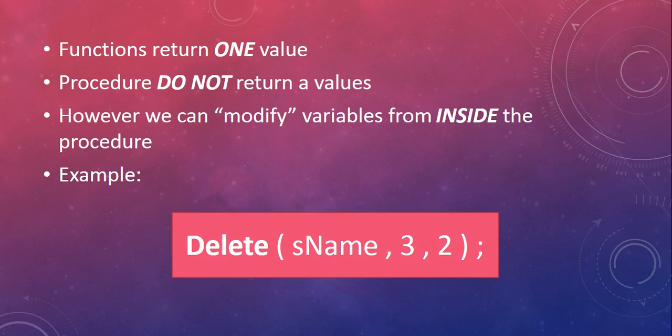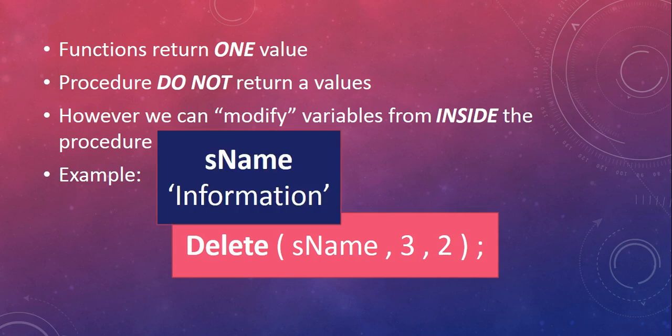Do you remember the Delete procedure from string handling? We give it a string, a starting position, and how many characters we want to delete, and it will change sName. So let's say sName has the word "information" in it. Now we call our Delete procedure and we say delete from sName starting at position 3 for 2 characters.